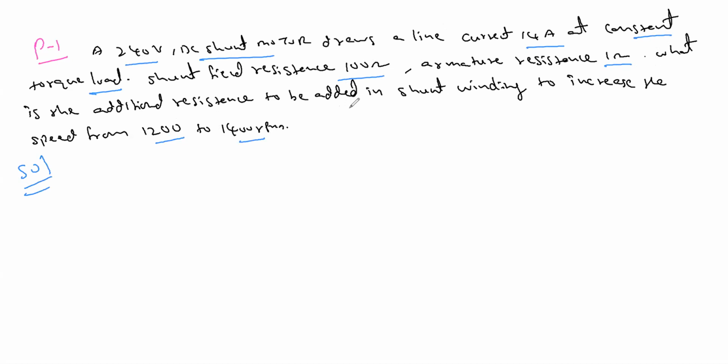So R external calculate करना. इससे पहले problem हमने किया, armature resistance में extra resistance डाल दिया हमने, so speed decrease करने के लिए, लेकिन ये वाला speed increase करने के लिए. So speed बढ़ेगा इधर 1200 से 1400. So let us solve this problem. This is asked in GATE examination.